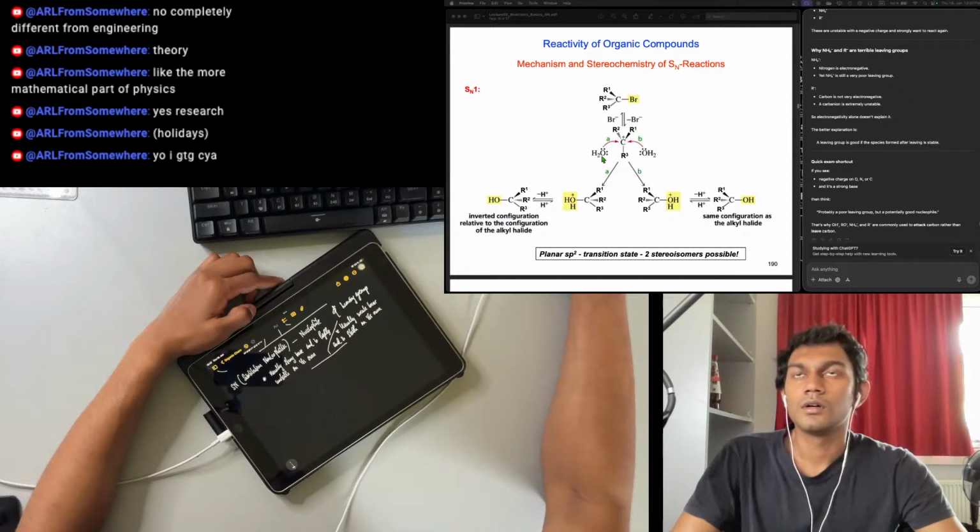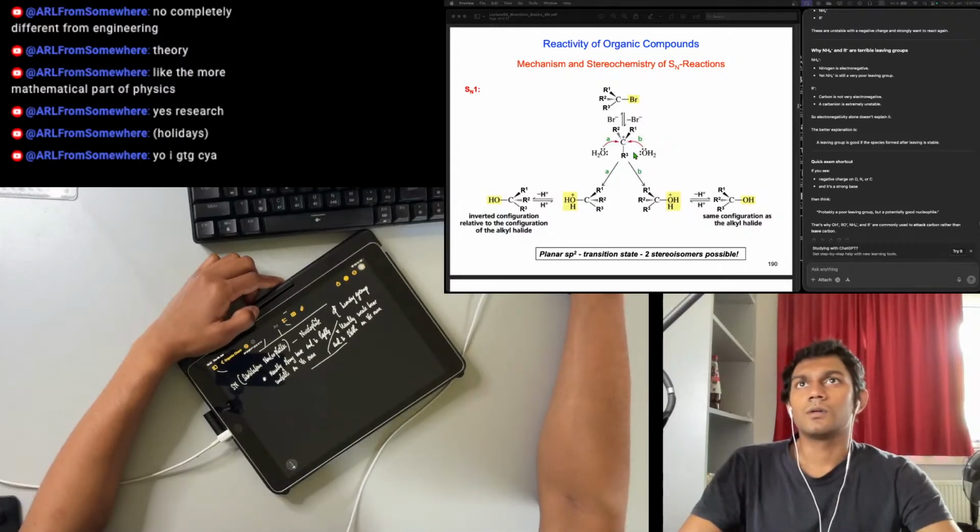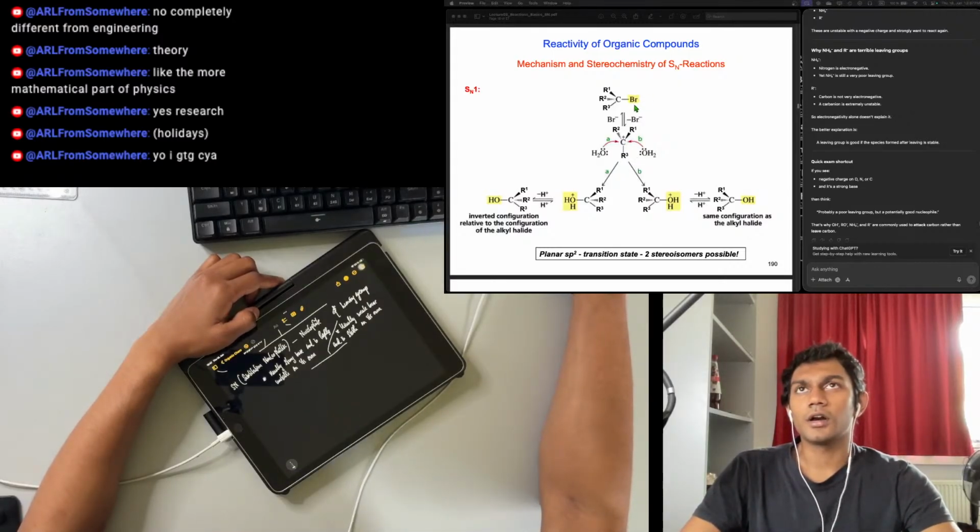So, we got water and that water. So bromine, or Br halogen, leaves and forms a carbocation. Water has two ways to attack the carbon. It could attack from one side or the other.